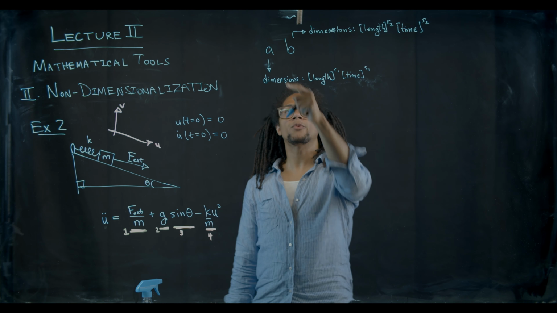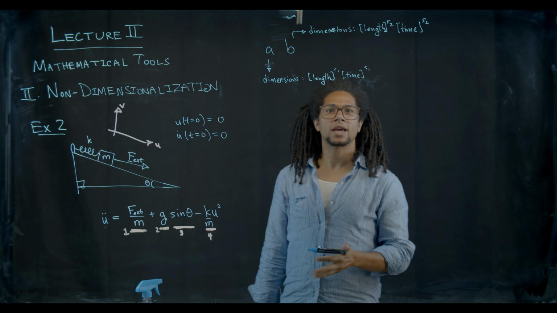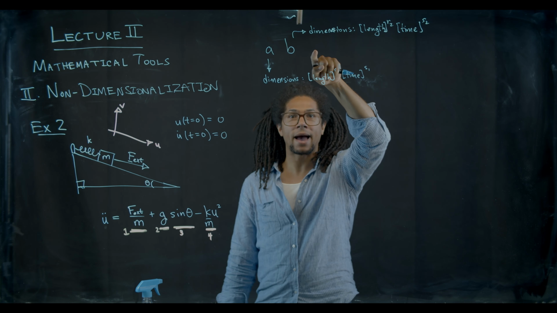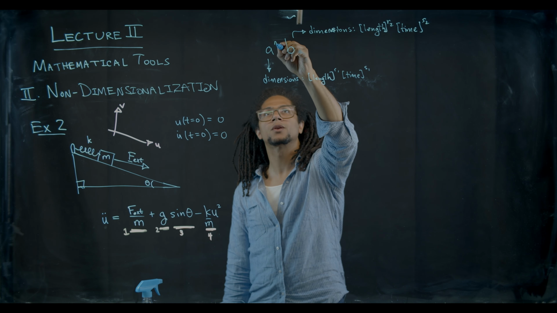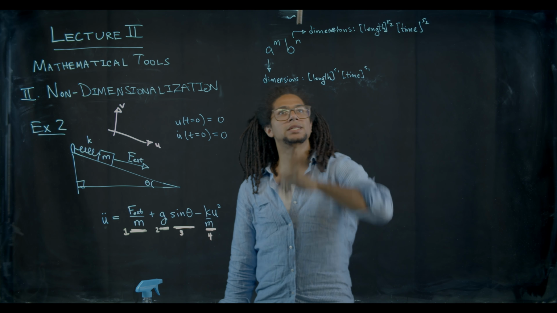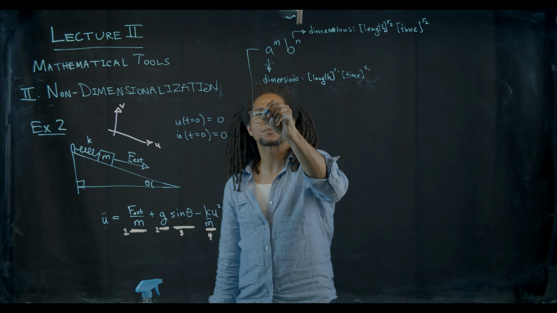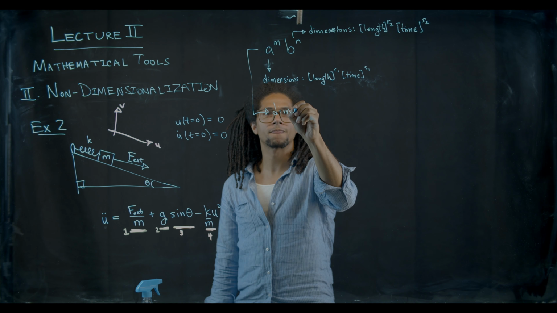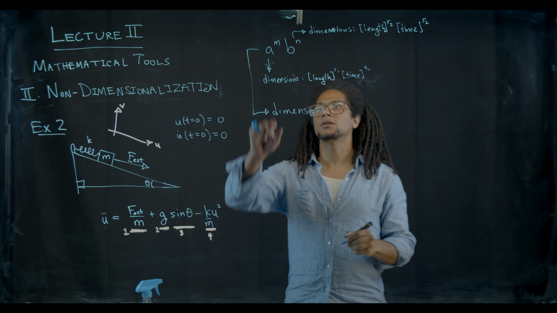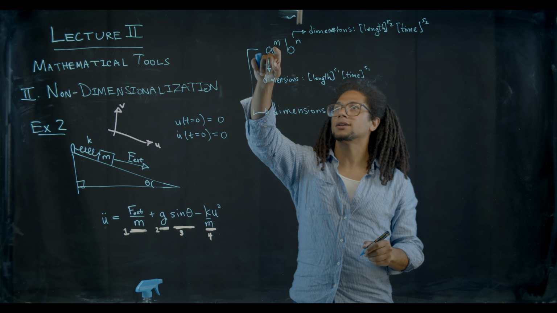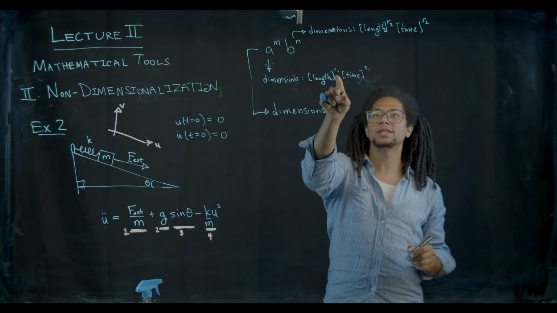Now, let's imagine that we want to guess that our reference length or reference time can be obtained by taking a to some power and multiplying by b to some power. Those powers are allowed to be negative as well. Well, we would have a to the m, b to the n. What are the dimensions of this entire object? Because of the way that exponentiation works, I'm going to take m and multiply it by these two dimensions.